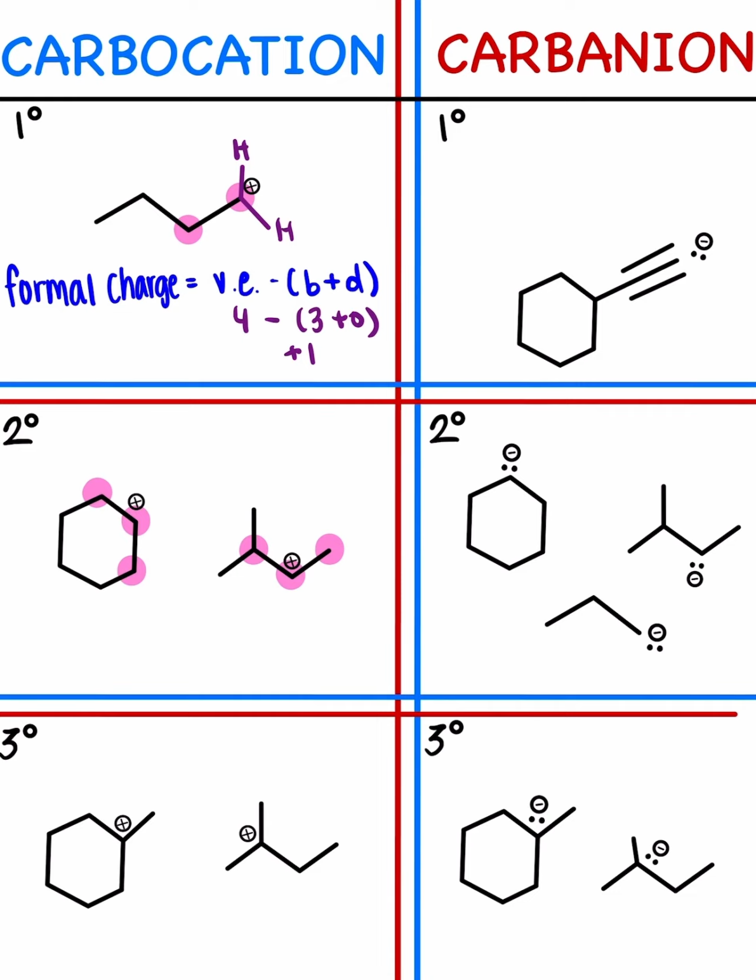Here, the difference is you're only attached to one hydrogen. You don't have two like in the last case. So you have one hydrogen here and one hydrogen here. And again, 4 minus 3 is going to be positive 1.